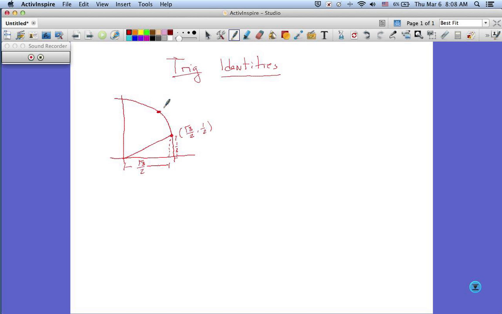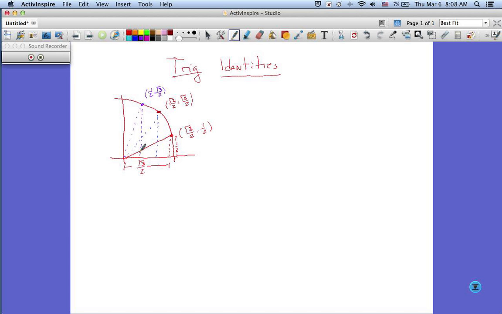If I take root 2 over 2 and root 2 over 2, I can drop another triangle down and label that the same way. It doesn't matter if it's a major coordinate or not a major coordinate. If I take 1/2 and root 3 over 2, I can do the same thing. This is root 3 over 2, that's 1/2, and the radius is always 1.